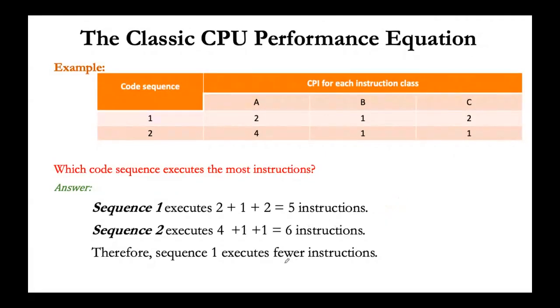So sequence 1 executes fewer instructions. That means code sequence 1 has fewer instructions than code 2.